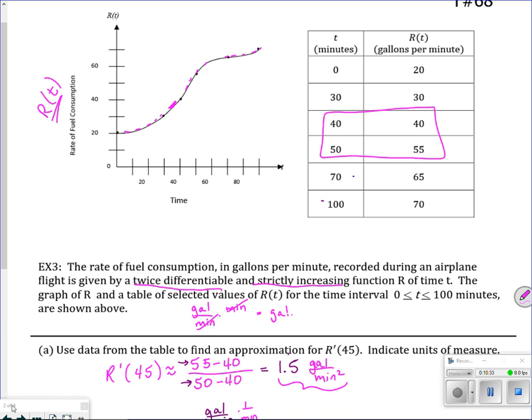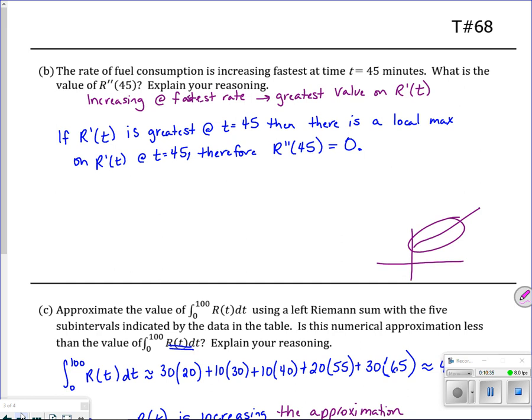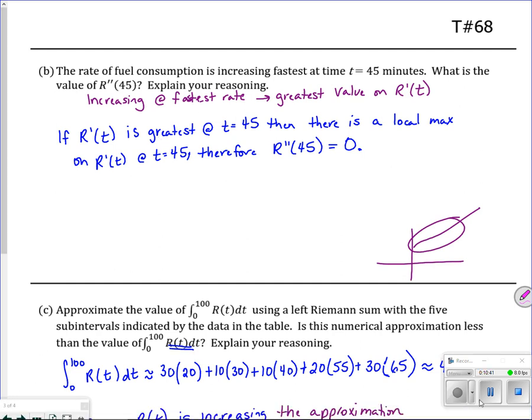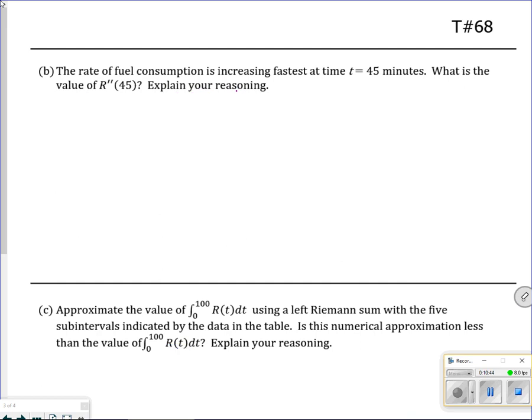So let's think about what we know. Think about what that means. If r of t is increasing at the fastest rate, that means that it's the greatest value on r prime of t.